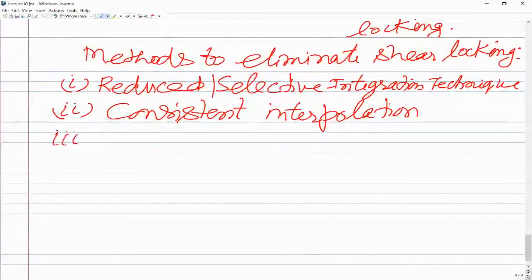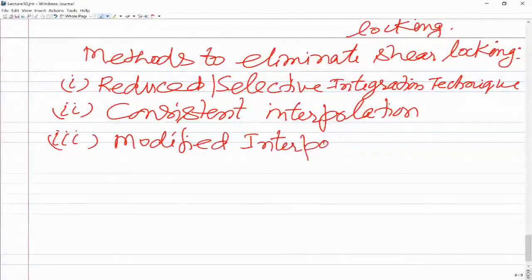And the third approach is known as modified interpolation functions. Modified interpolation means that only for the purpose of substituting theta x and theta y in the expressions for gamma xz and gamma yz, we modify the interpolation of theta x and theta y. That is known as modified interpolation.